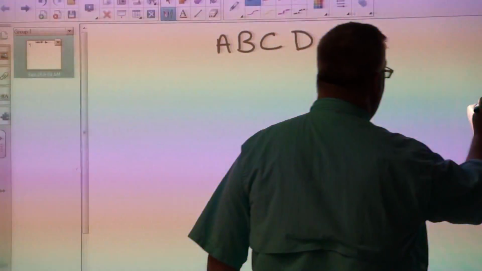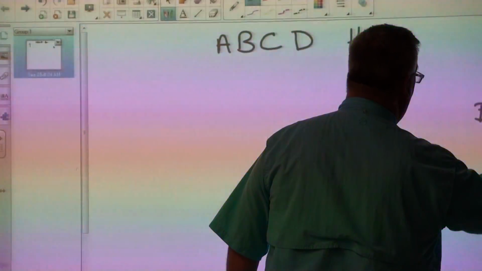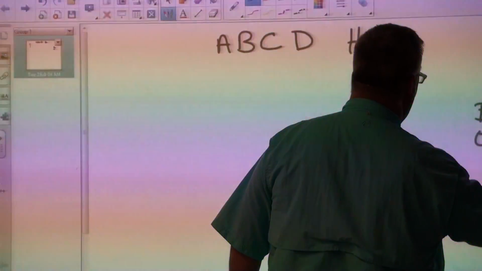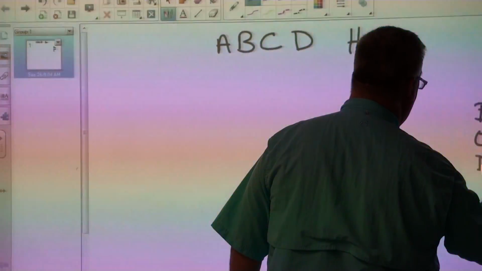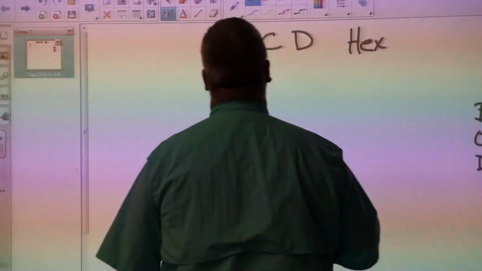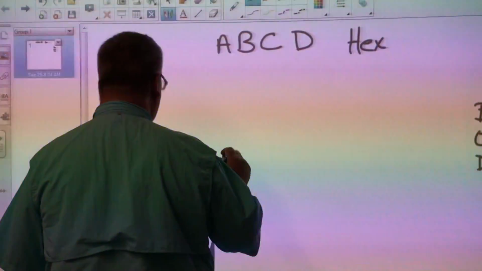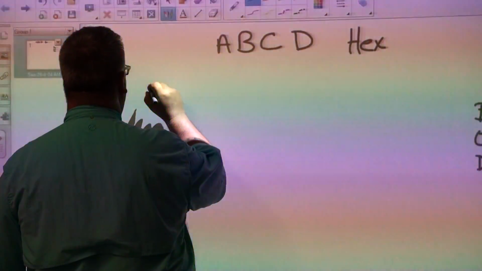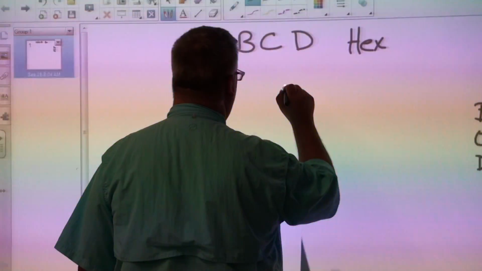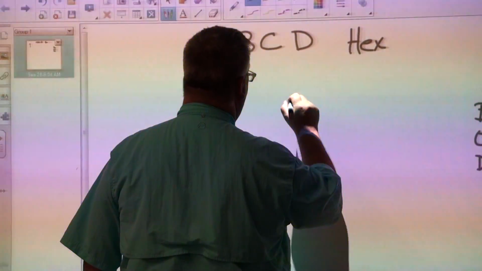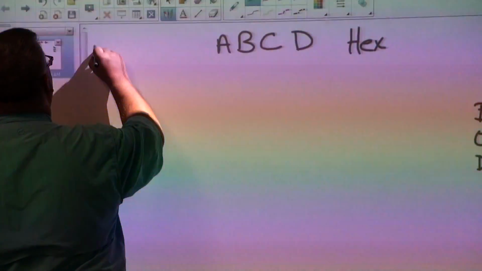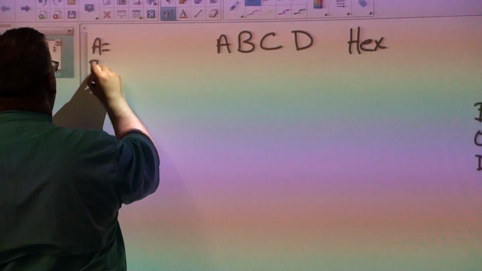So we want binary, octal, and decimal. A, B, C, D, hex. I'm going to make me a cheat sheet so I won't screw up.